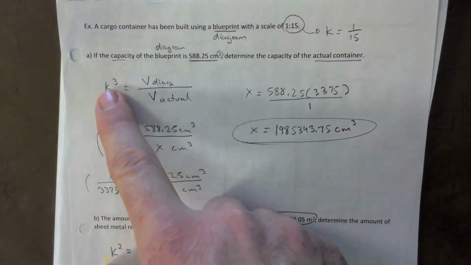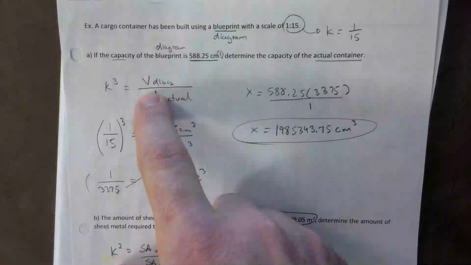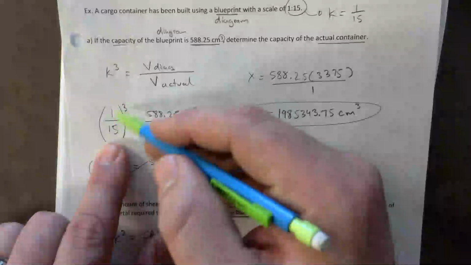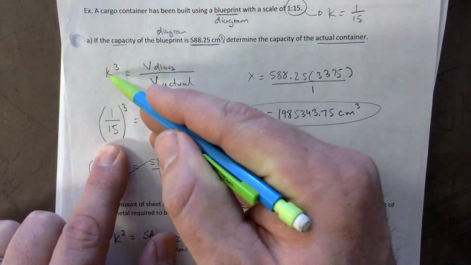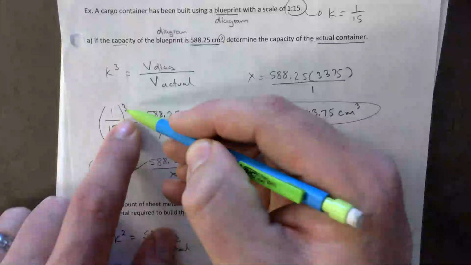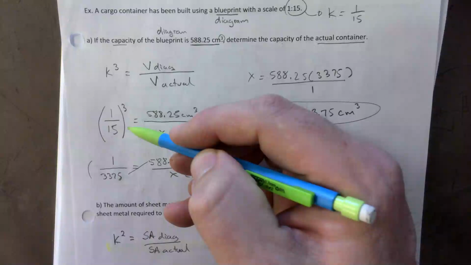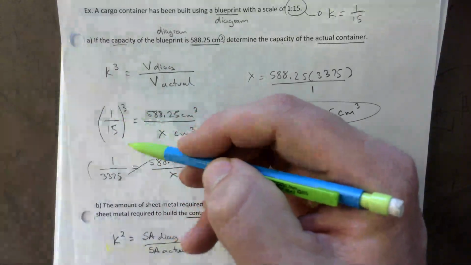You still have to set it up like this, but you're given the scale factor, so you actually do what it says to do with the scale factor, which is put it in there and then cube it. So if you have the scale factor, you're not going to have to root. You're not going to have to take the root of anything. Continue. In a bit, I'll do that table with you guys so you know what to do, okay? If you're still stuck on that, just wait for me a little bit.